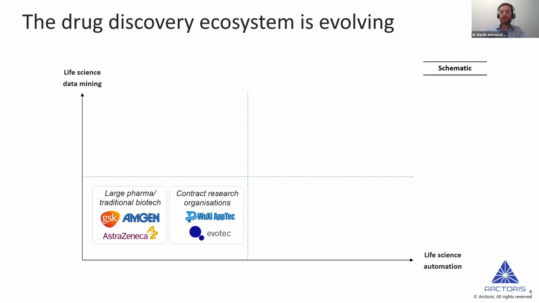They have a low degree of automation, or hardly any automation, and a low degree of data mining or AI capabilities, sometimes even none. This is the way we've been doing research so far, and in many cases continues to be done in many of these organizations. But at the same time, we can see that this ecosystem is evolving very rapidly right in front of our eyes.